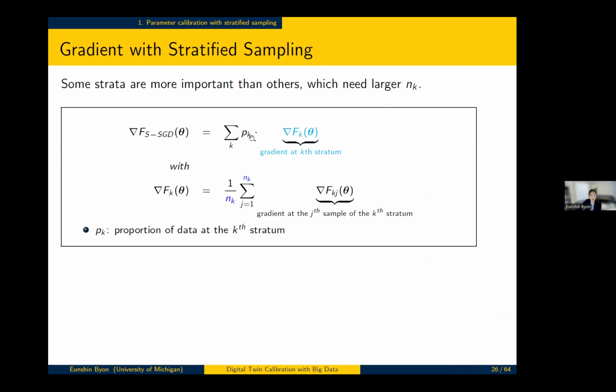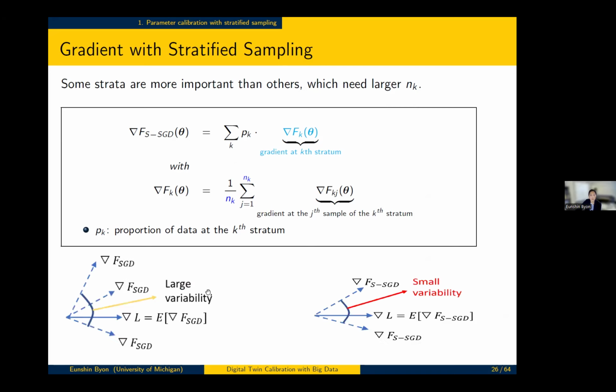Then pk is the proportion of data at the kth stratum, and we add up all these pk times the kth stratum gradient. This gradient is a biased estimation of the gradient. The idea is that by allocating more budget on the important strata, the important partitions, we want to reduce the variance.